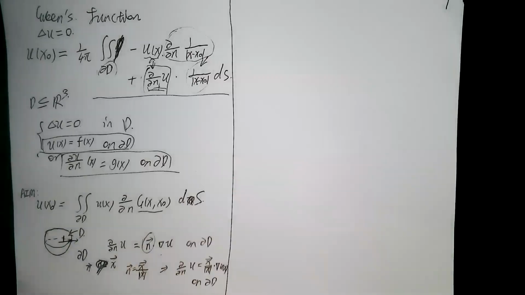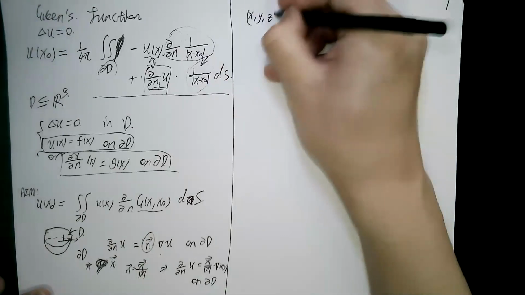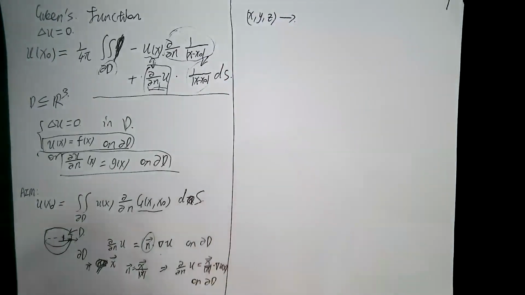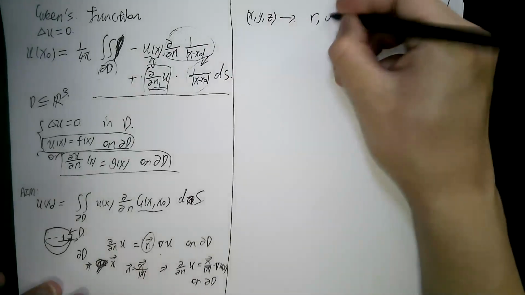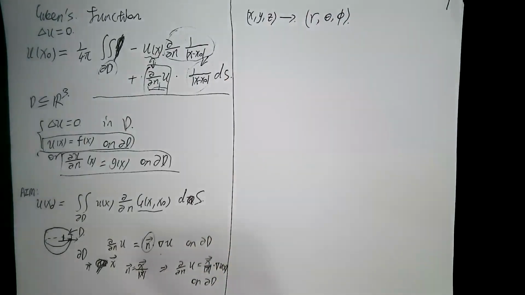If you do a change of variable, you change x, y, z to r, theta, phi, which is the so-called spherical coordinate, an analog of the polar coordinate in 2D, but in 3D.